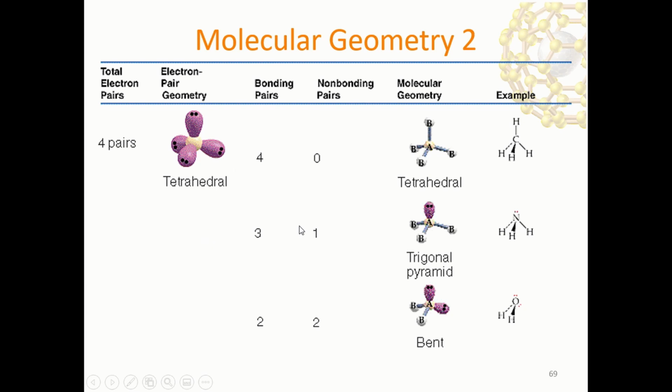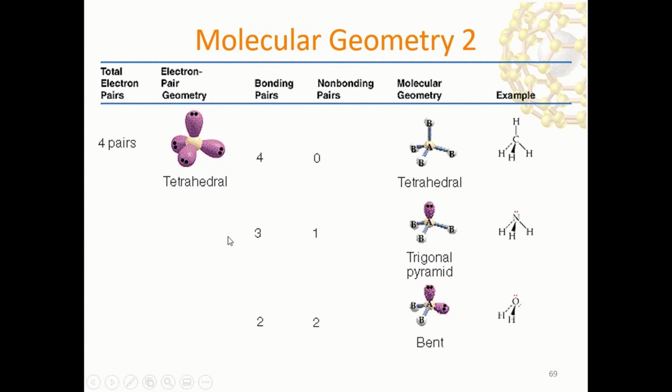If 1 is non-bonding, so 3 bonding and 1 non-bonding, that's where we get our ammonia, or trigonal pyramidal shape. And if you have 2 and 2, 2 bonding pairs, 2 non-bonding pairs, then you will get an angular bent V-shaped molecule again, okay, with the lone pairs still adopting that tetrahedral arrangement around the central atom.